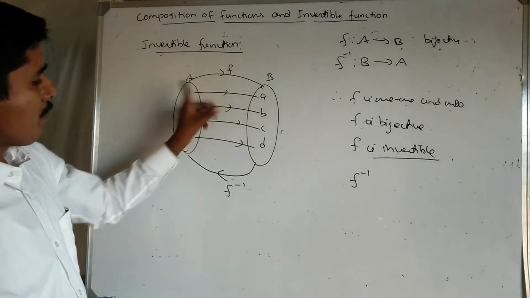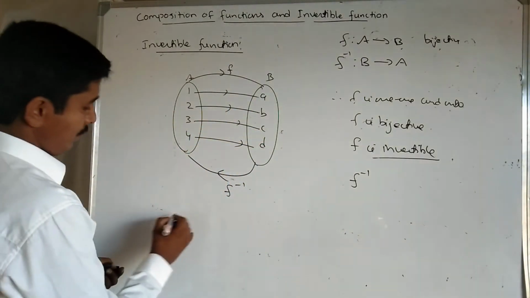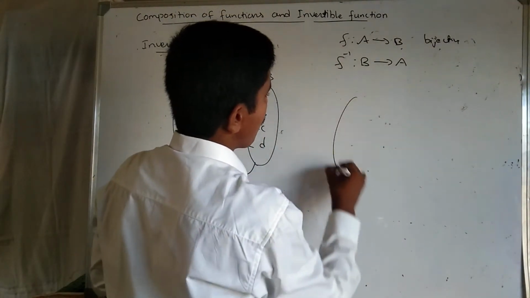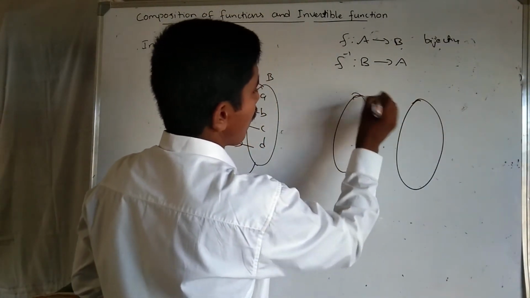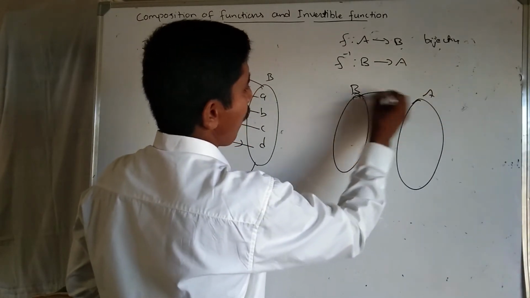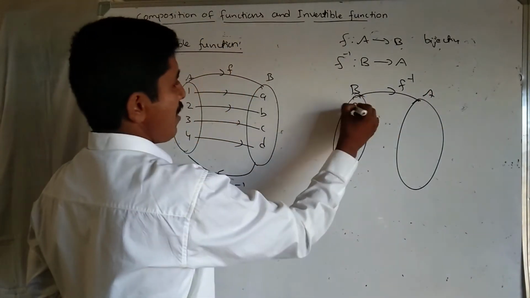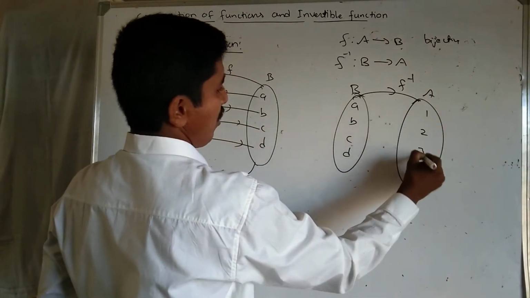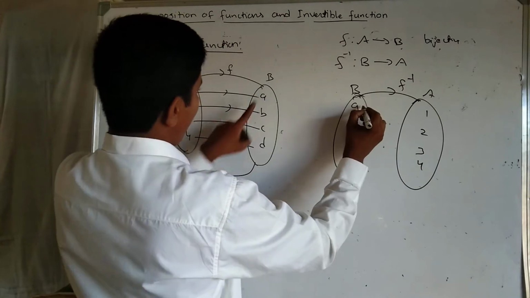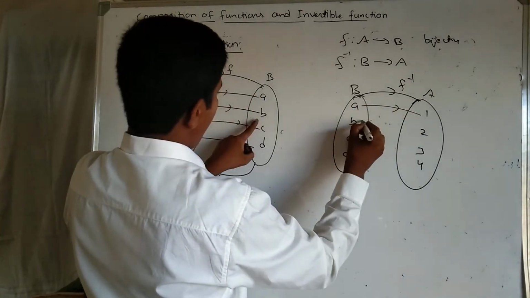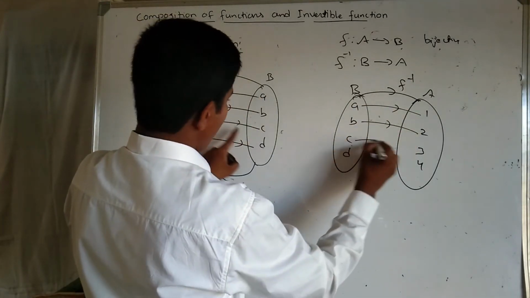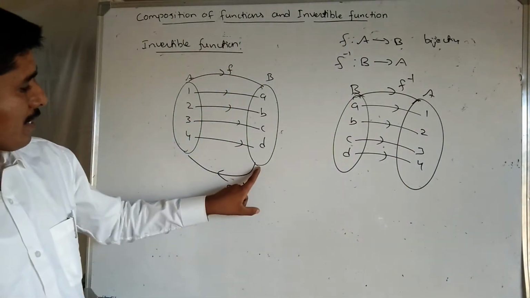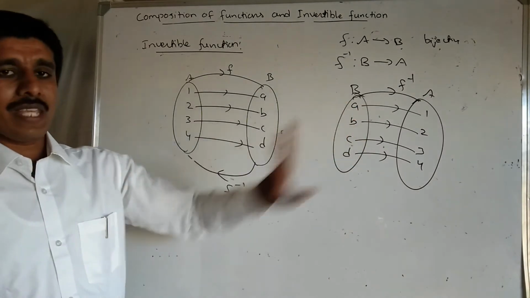So F inverse is from set B to set A. How it is, see: set B elements a, b, c, d, set A elements 1, 2, 3, 4. a maps to 1, b maps in reverse order, c maps like this. F inverse is from set B to set A.